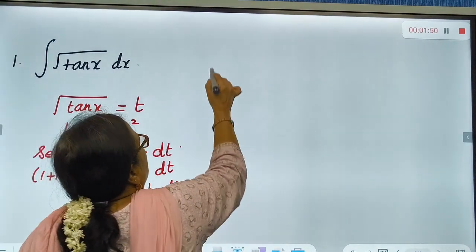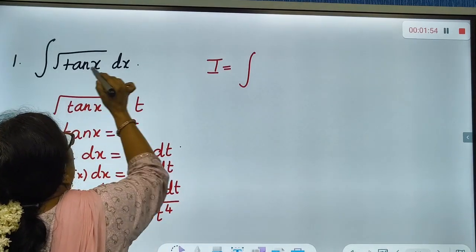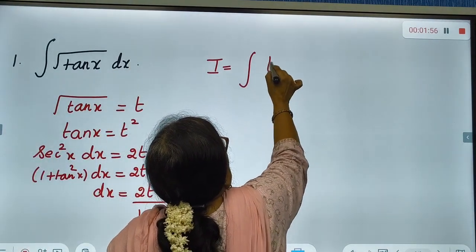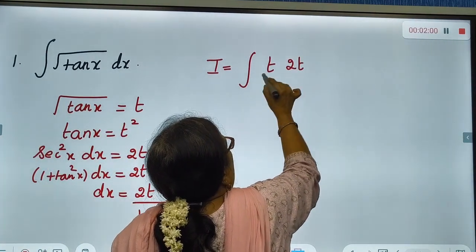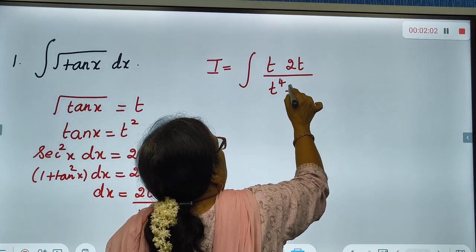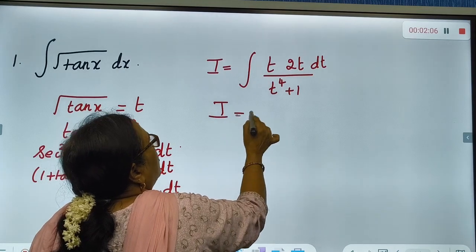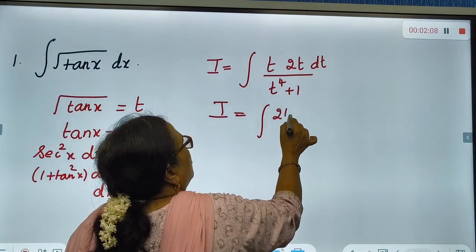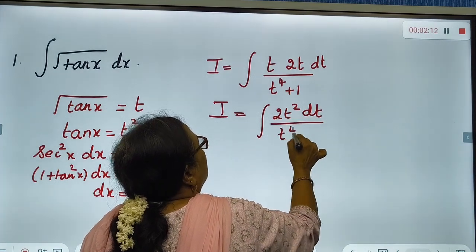So I can now be written as integral of, what is root tan x? t. What is dx? 2t by t power 4 plus 1 dt, or I equal to integral of 2t square dt by t power 4 plus 1.